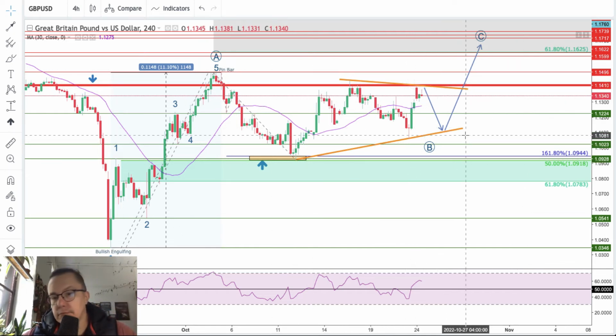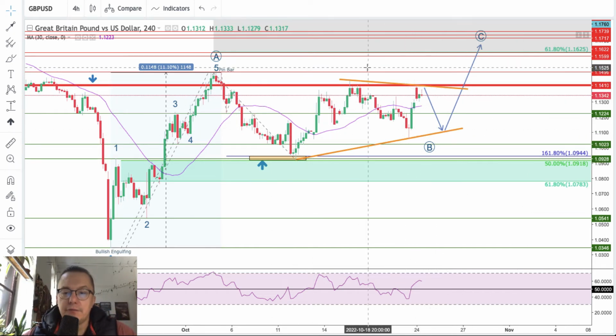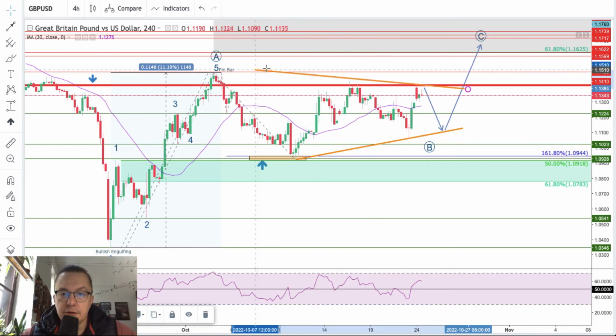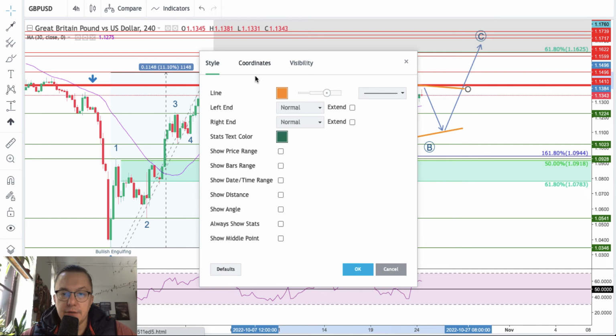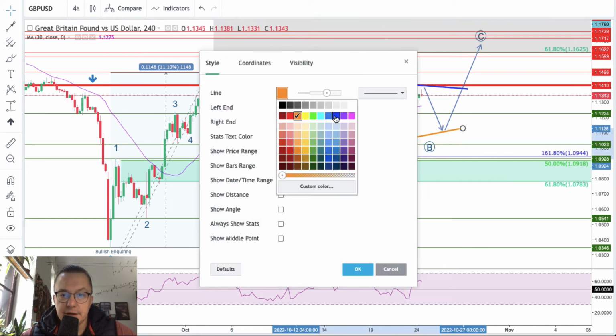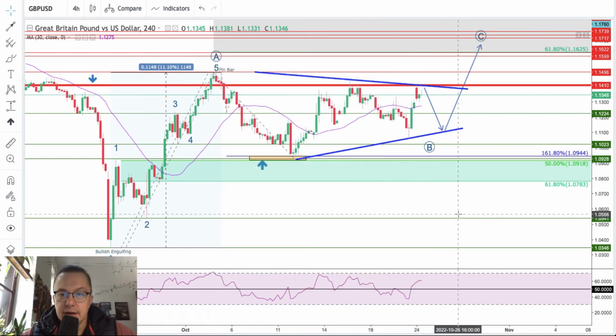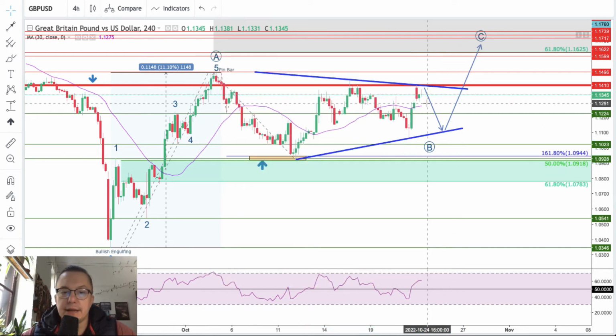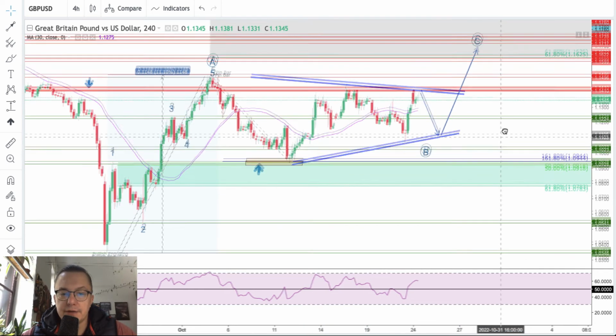The development of wave B takes much more time than any other wave during the correction. However, please notice the fact that this is a triangle, so it has completely different internal dynamics than the other waves.